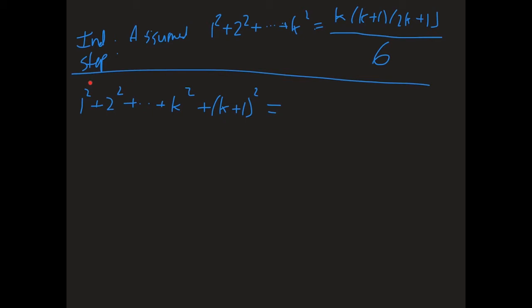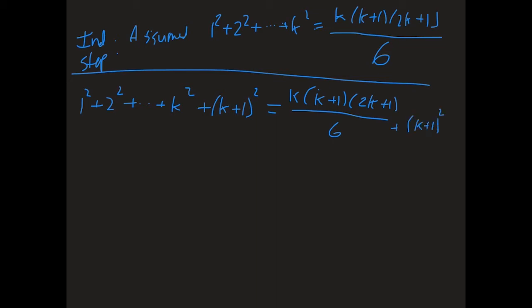This is where we're using our inductive step. So this is going to be equal to k times k plus 1 times 2k plus 1 all over 6. But look, I still have this much plus k plus 1 squared. And now it's just a matter of algebra.